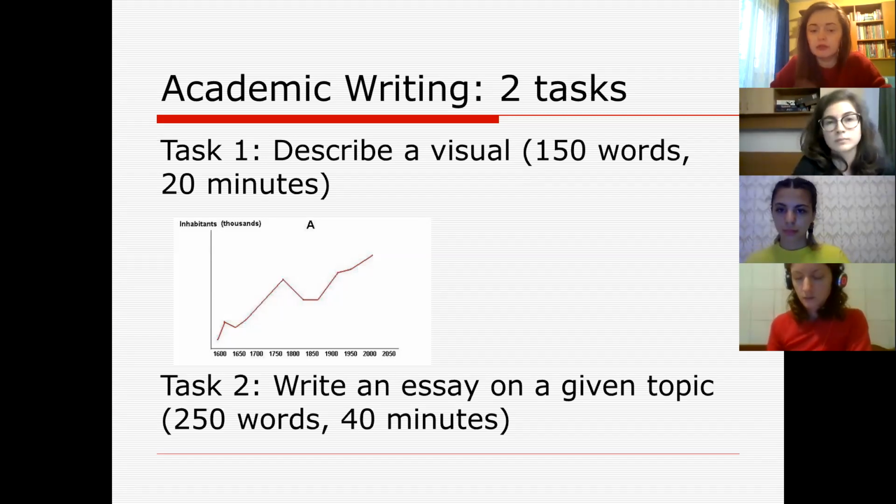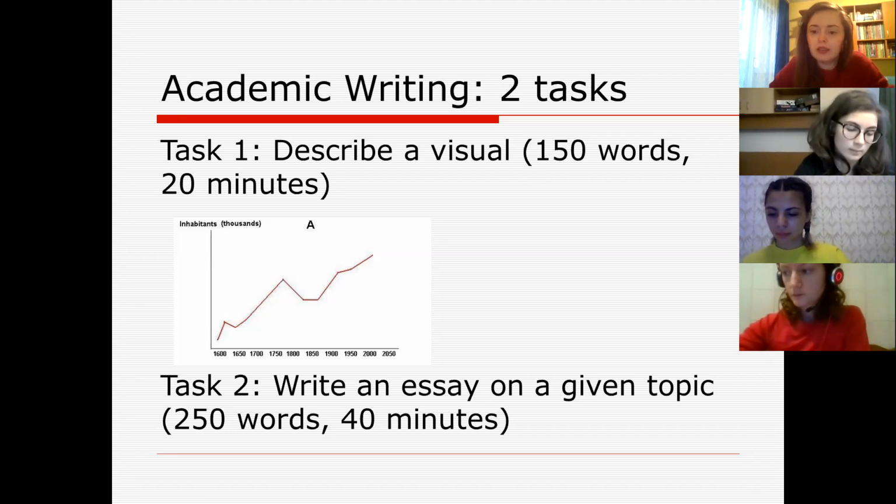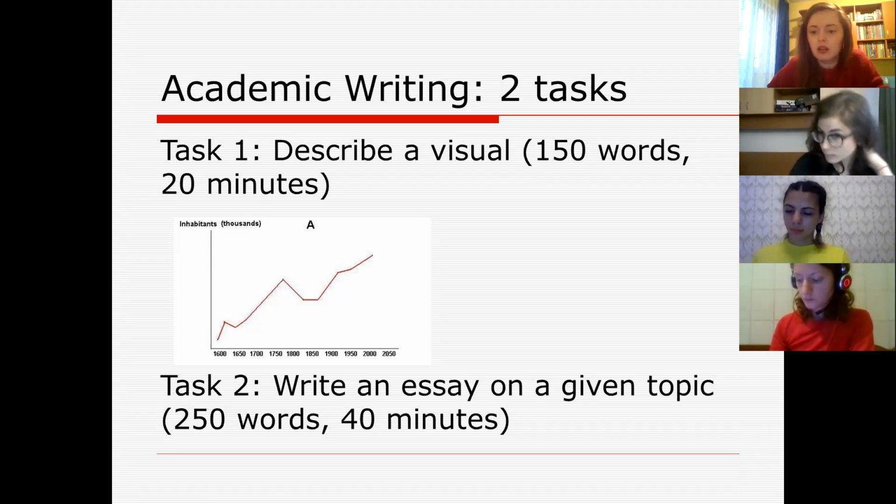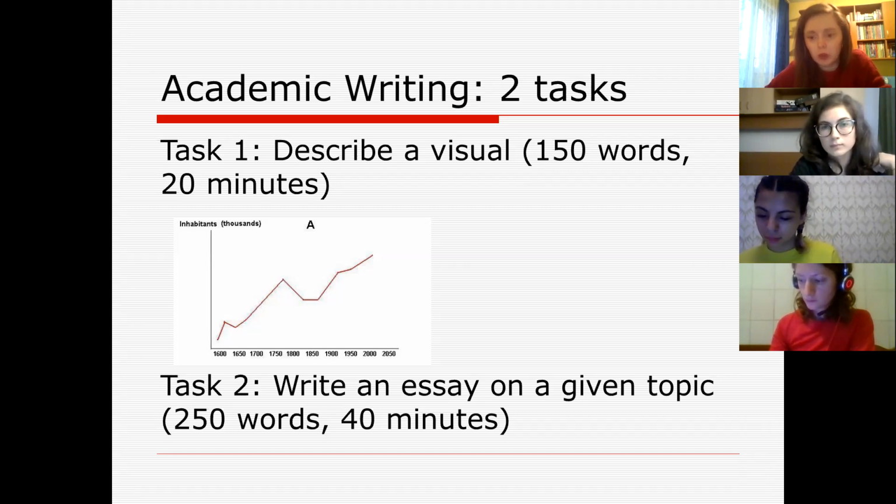There are different types of visuals. And this information has to be transferred into a text, which we will call a report. And you're supposed to write a minimum of 150 words. And the recommended time to spend on task 1 is 20 minutes.